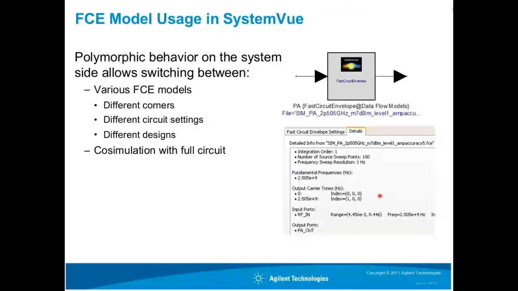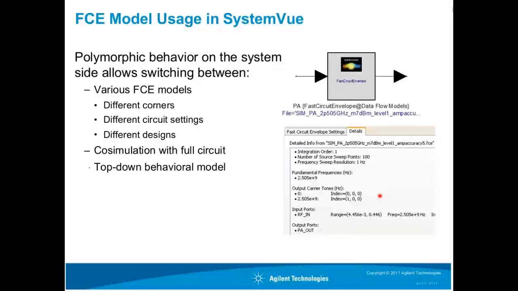If you run that same simulation with co-simulation, where the circuit is included, and it's a small amplifier, not a complex circuit, the simulation takes an hour. So you're going to be quite limited in how much complexity you can have on the circuit level side if you choose co-simulation. That's one of the reasons I'm such a big fan of these fast circuit envelope models.